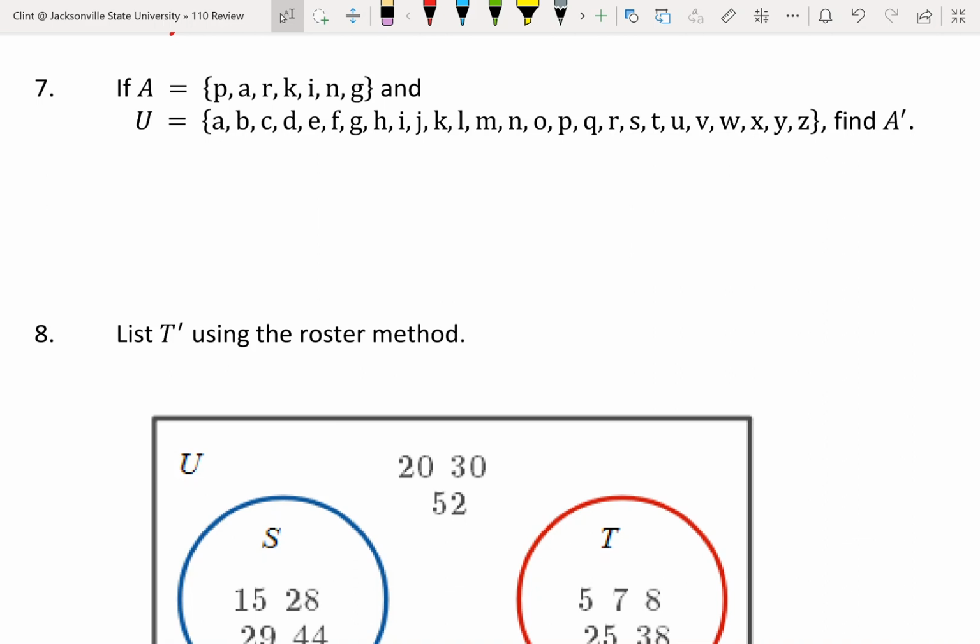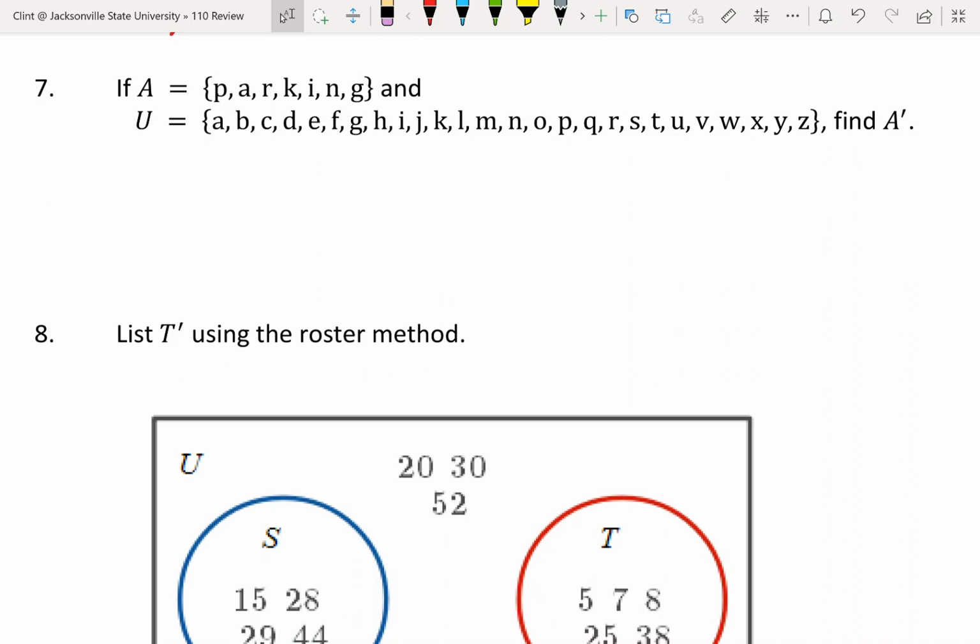All right, 7 gives us set A, P-A-R-K-I-N-G, and then our universal set, the letters in the alphabet. It says find A tick mark. So what's the little tick mark mean again? Yeah, it's everything that's not in A, or it's the complement, called the complement.